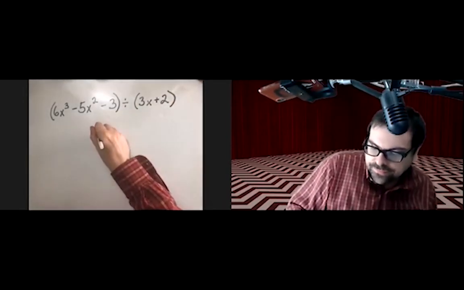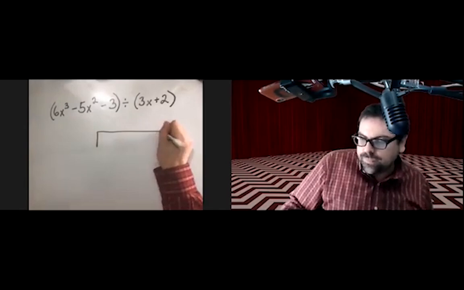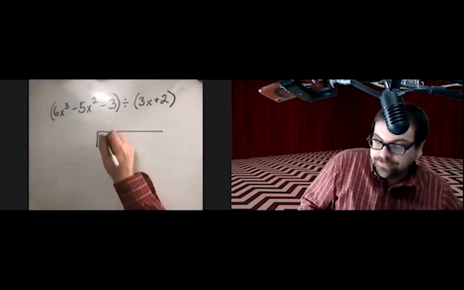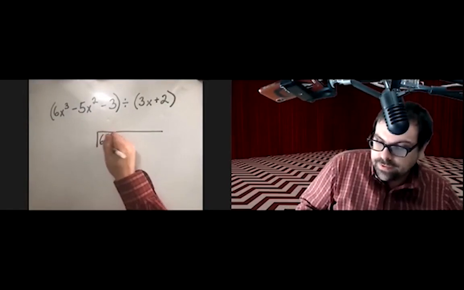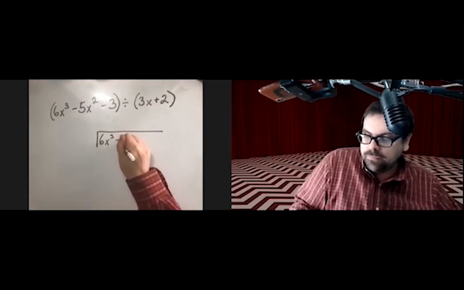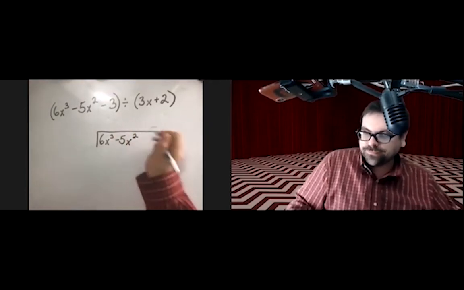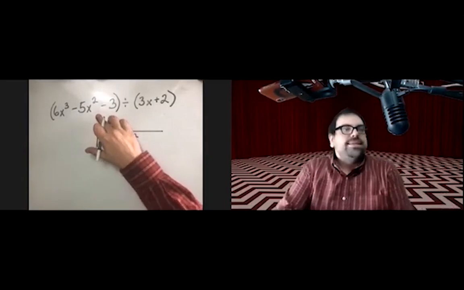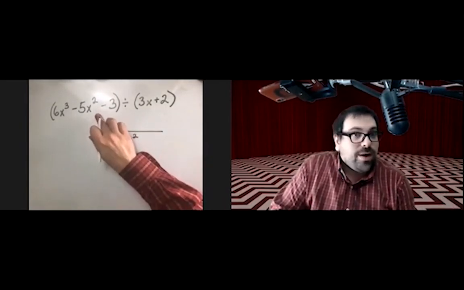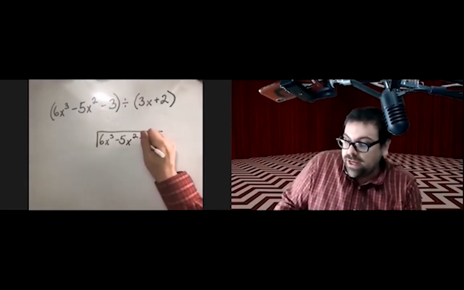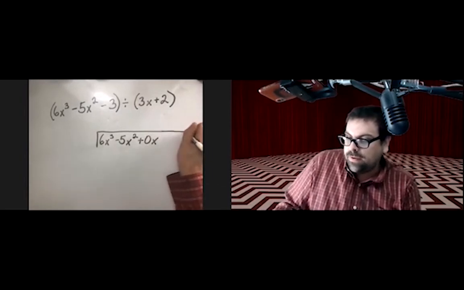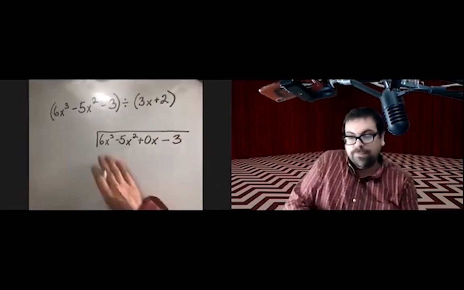When we put the first thing under the division, 6x cubed minus 5x squared, notice there is no x term. And because there's no x term, we need to put a plus 0x here before the minus 3.